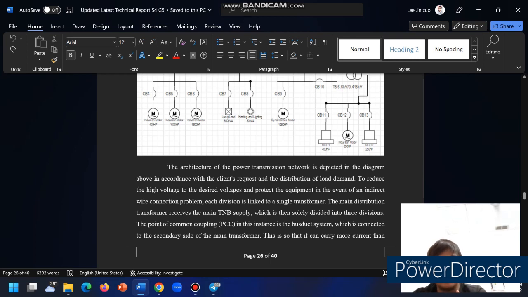Each division is linked to a single transformer. The main distribution transformer receives from the main Tenaga Nasional Berhad supply, which is then divided into 3 divisions, and the PCC, point of common coupling, in this instance is the bus duct system, which is connected to the secondary side of the main transformer.